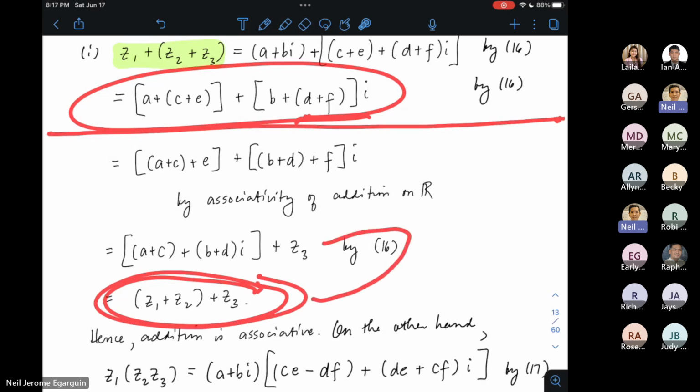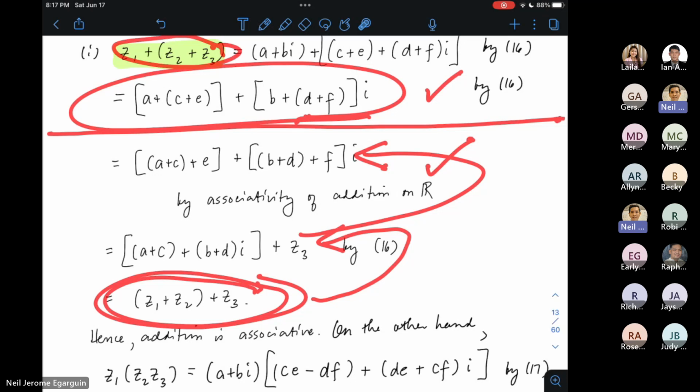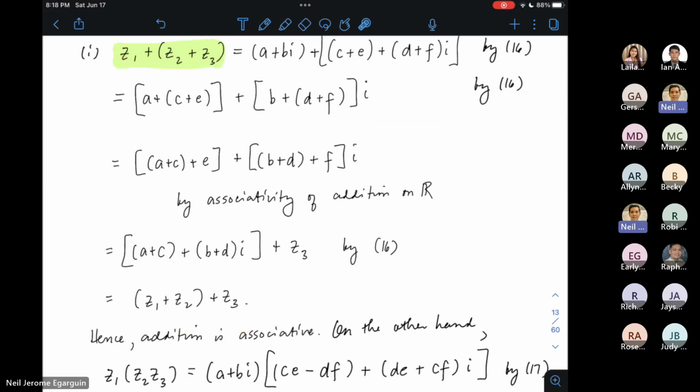Pag sinimplify mo, makukuha mo to. Tapos makukuha mo ito. So, and then you compare the two answers that you get, and if you can conclude that these two are equal, then you can say na, eto rin, at saka eto rin ay equal, because they are equal to the same thing. So that could be another approach if you cannot present or package the proof in this way.